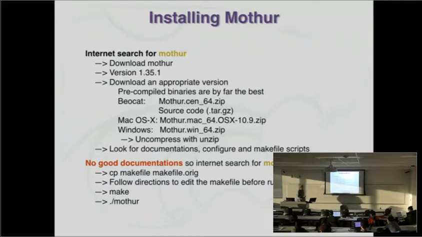So again, with Mother, there was no good documentation, no README or install files. So I had to do a Google search for Mother install and found some. They just have you edit the makefile and leave you at that. So you have to know how to edit a makefile. What's a makefile? Well, I showed you how to compile a single file at a time.